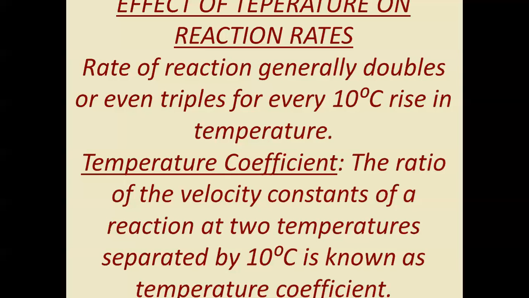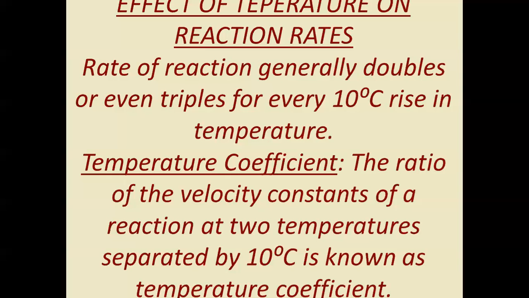Now, to break the bond, we need energy, which is generally called bond dissociation energy. This energy, the molecule will get from the surrounding. Otherwise, the bond will not break and the reaction will not take place, or it will be very slow.